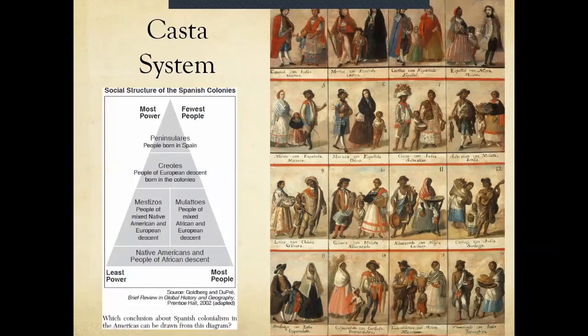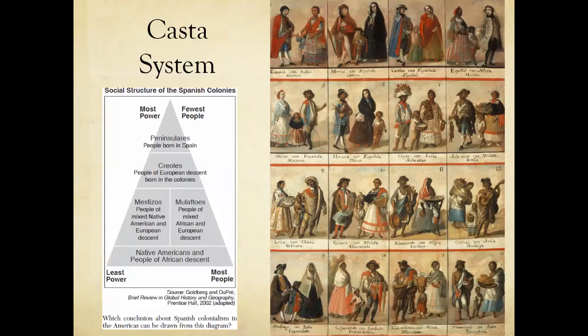Over time, as hundreds of thousands of Spaniards arrive in North America, there's going to be a pretty elaborate social structure that forms, and a lot of it has to do with ethnicity. So you've got Europeans, you have indigenous natives, and you have Africans all in one area.